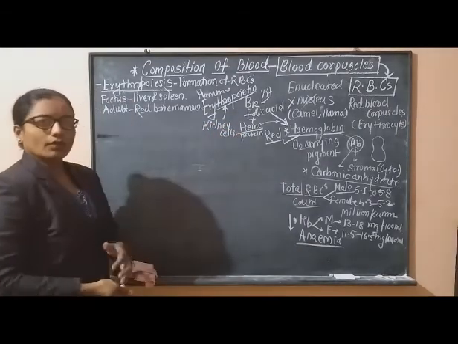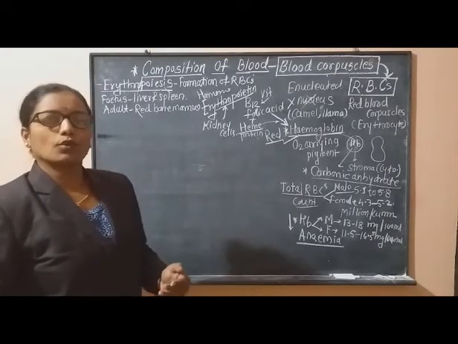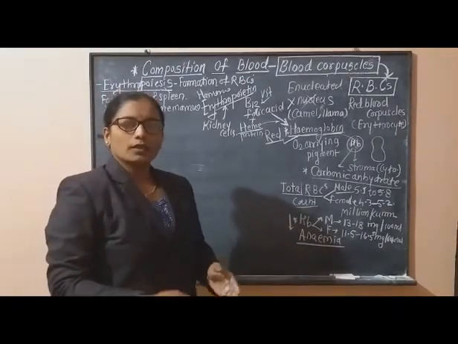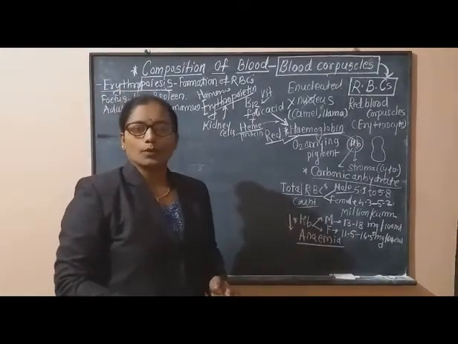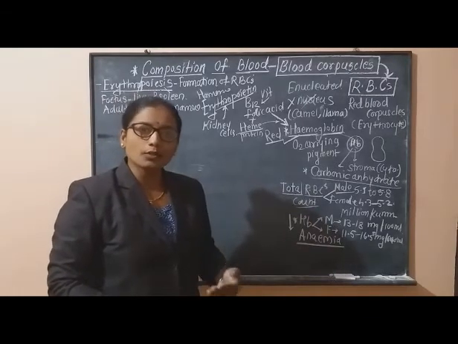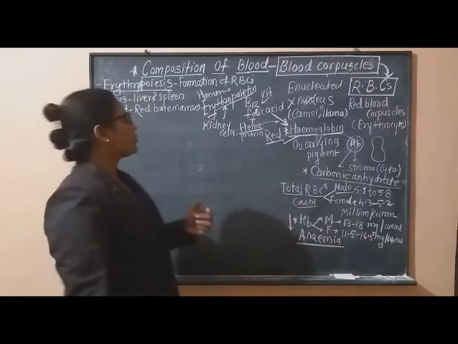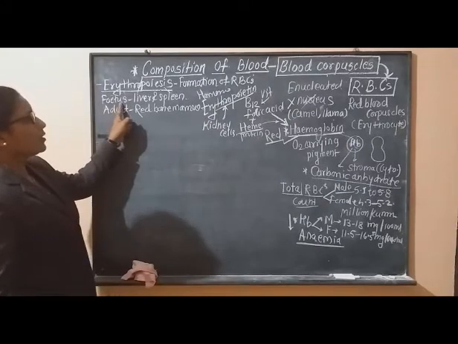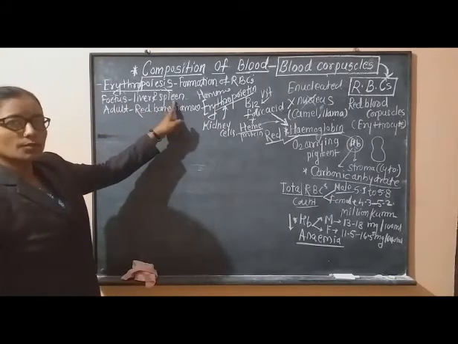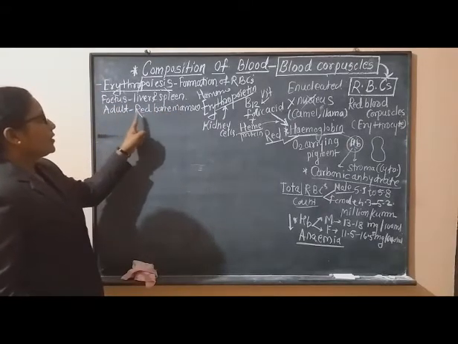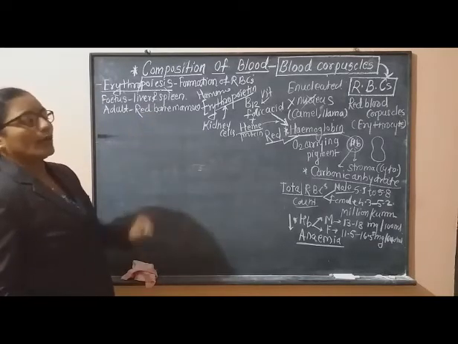Whenever there is proper production of the hormone erythropoietin, there is the proper process of formation of RBCs, that is erythropoiesis. Erythropoiesis in case of fetus takes place in the liver and spleen, and in case of adult, it takes place in our red bone marrow.